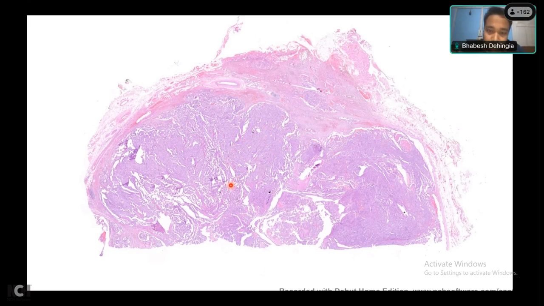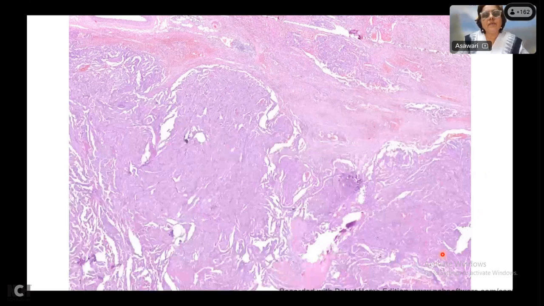Yes, ma'am. It's not a normal thyroid, right? No, ma'am. Okay. Do you see a complete capsule to it? No, ma'am. There is invasion subcompartment. Okay, fine. So let's go ahead now. Okay. What do you see here?